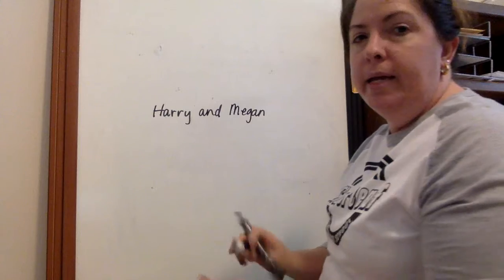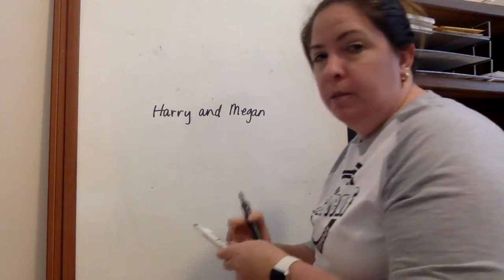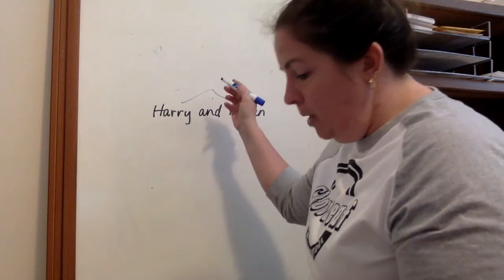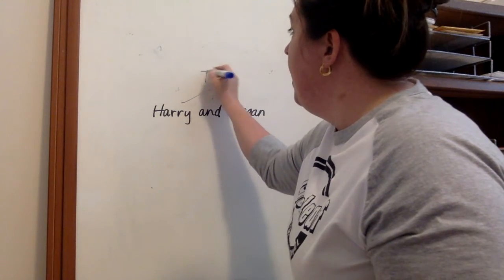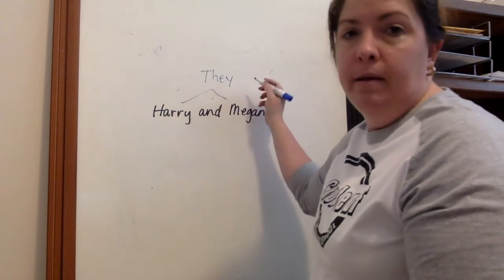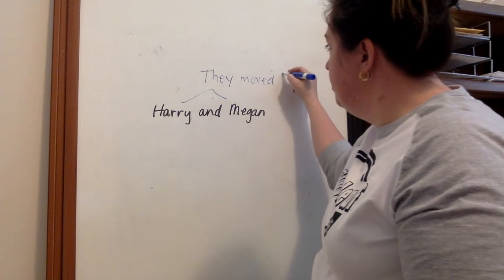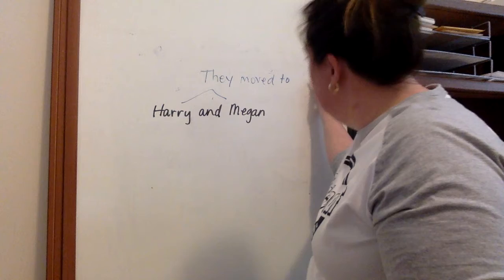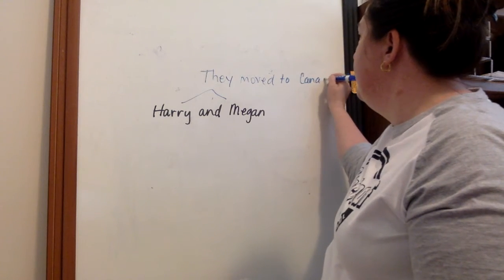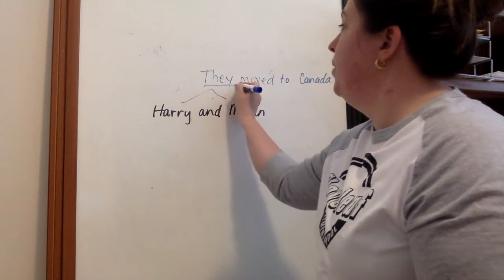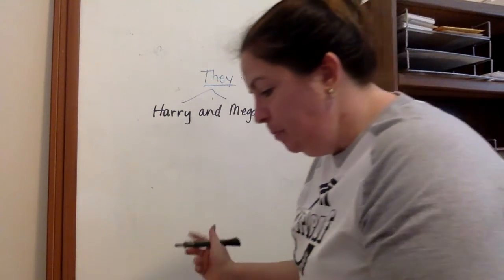We can replace that word. It's a plural. There's two people, right? So this can be they moved to, the sentence says Canada, right? They. This is our pronoun that we can use, okay?